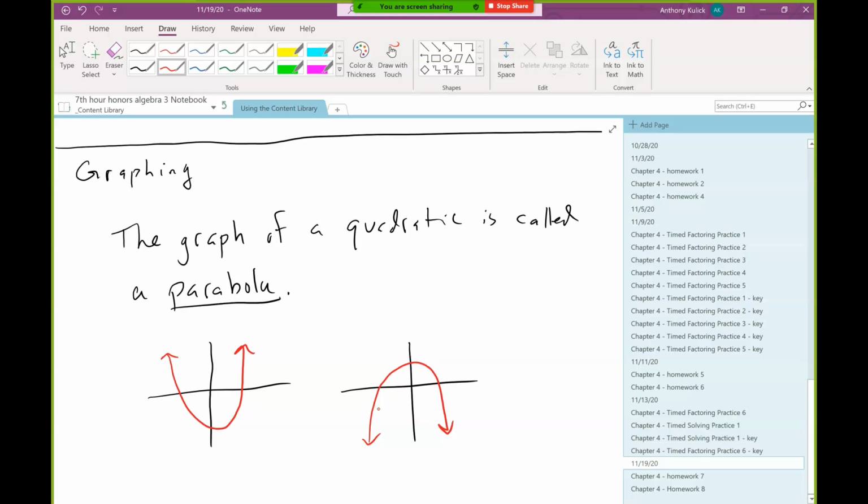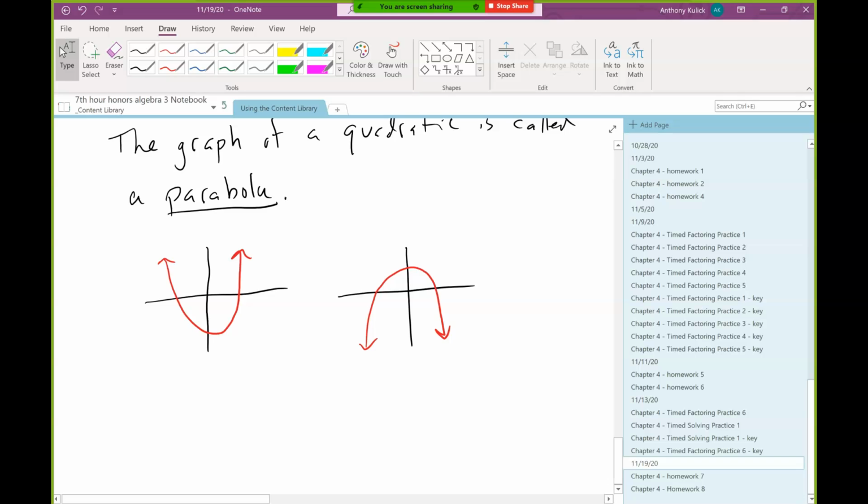And those things aren't functions, so they're kind of beyond the scope of this class, but I wanted to mention that parabolas could open left and right also. Basically, it's the same idea. All your x's are like your y's, so you'd have like y squared plus 5y plus 7 is equal to x. And that's an example of a quadratic that would open to the right. But that's beyond the scope of what we're doing here.